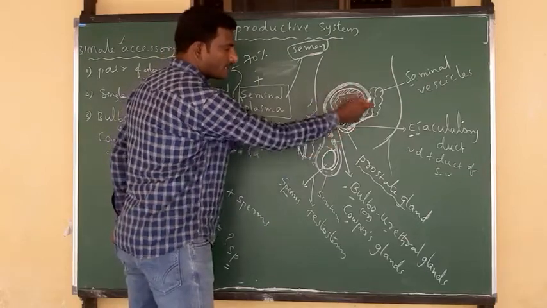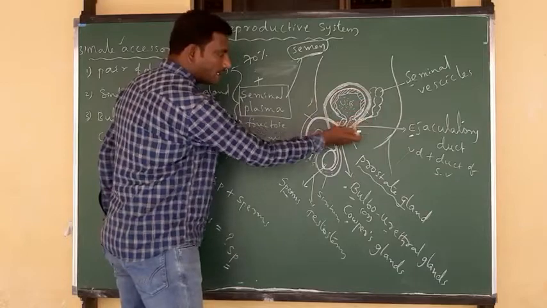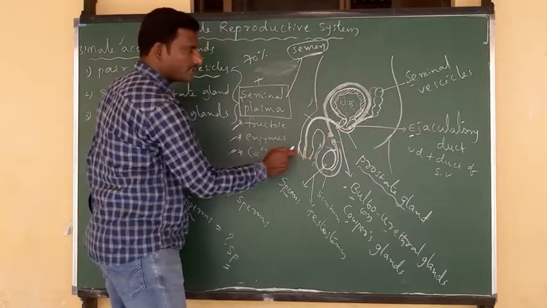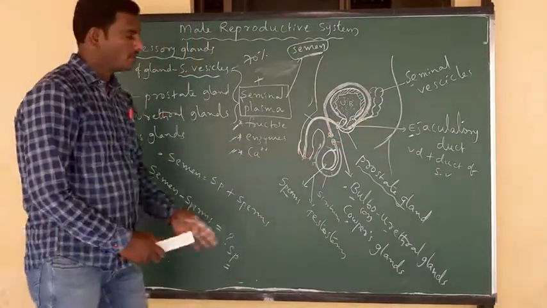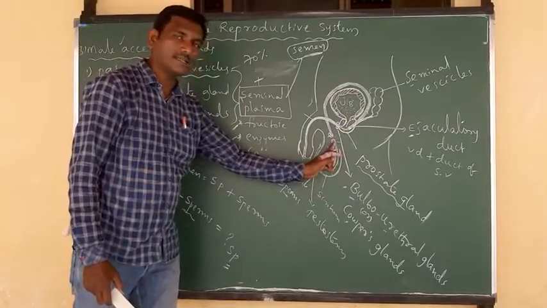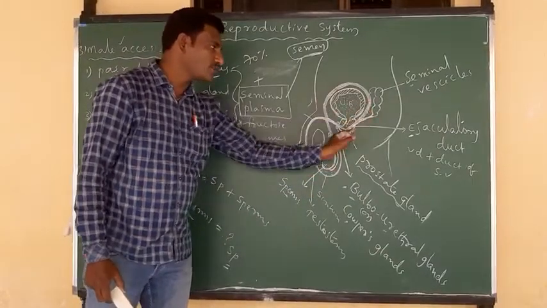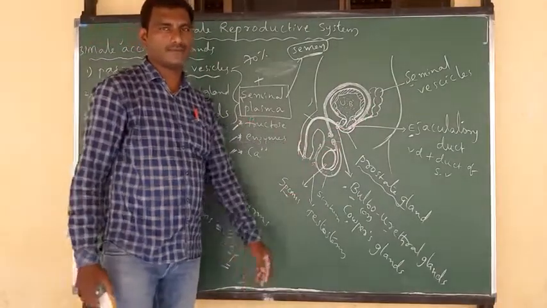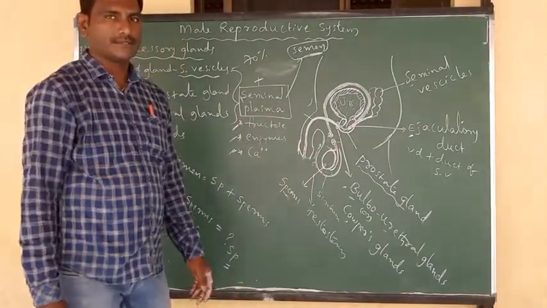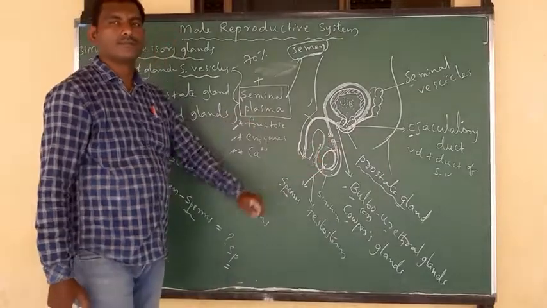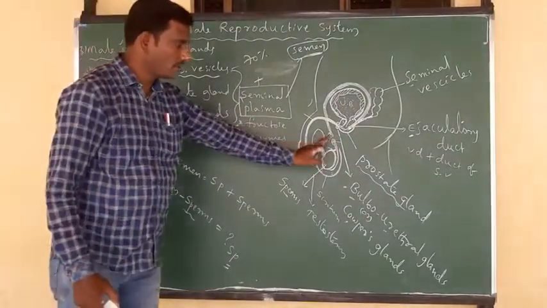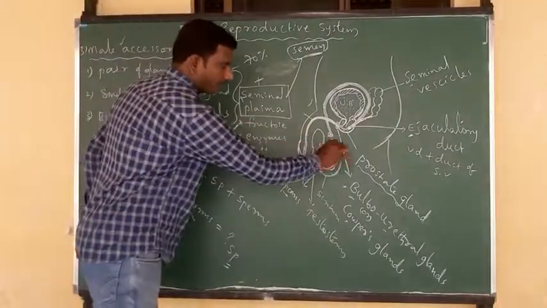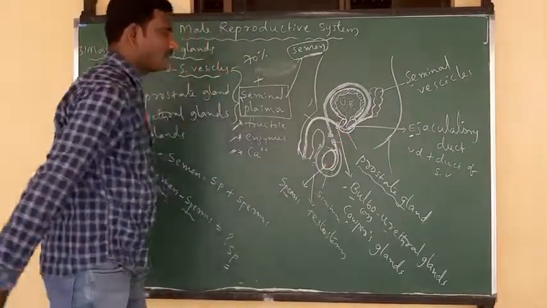So if sperm cells are not entering, then what is the resultant fluid coming outside? If sperm cells are not there, only seminal plasma comes outside. That seminal plasma does not consist of sperm cells. Clear? That is the importance of vasectomy surgery.